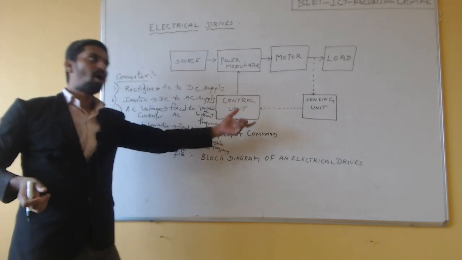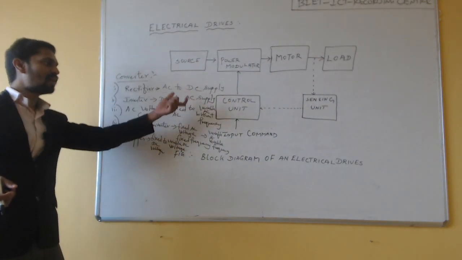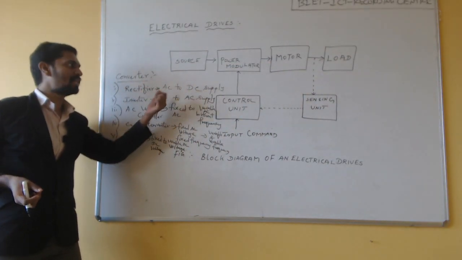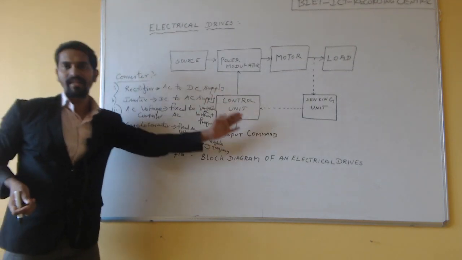Depending upon our applications, we can choose any one of the converters. For example, if my motor is a DC motor and I have an AC supply, I can go for a rectifier, which will convert the AC supply into DC supply.